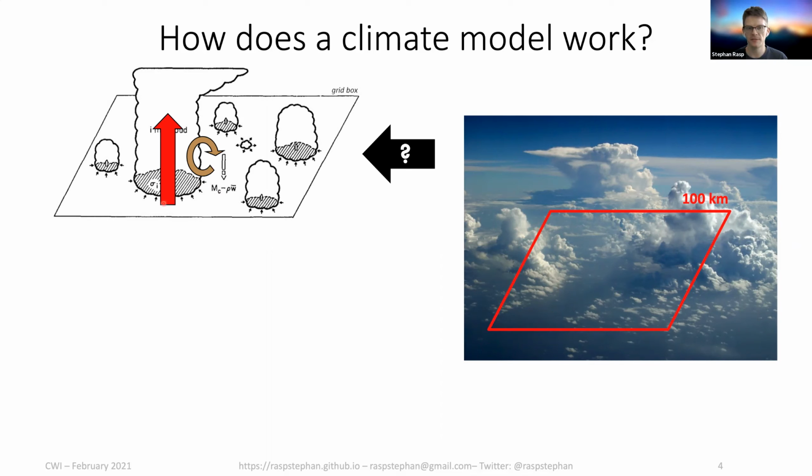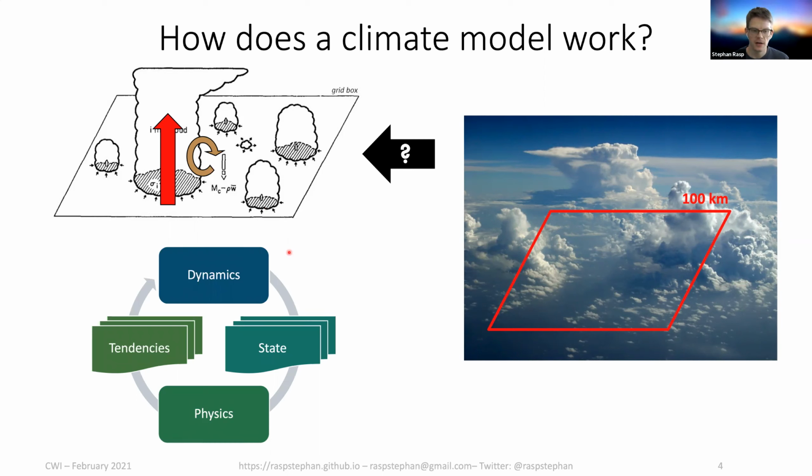And so a climate or weather model, essentially, if we look at what happens in a single time step of such a model, is what we call in climate modeling the dynamics. So this is basically solving the Navier-Stokes equations on the grid. And then the physics, and the physics is everything that happens below the grid scale. So these are these parametrizations, these approximations of the processes that we cannot actually represent on a model grid.